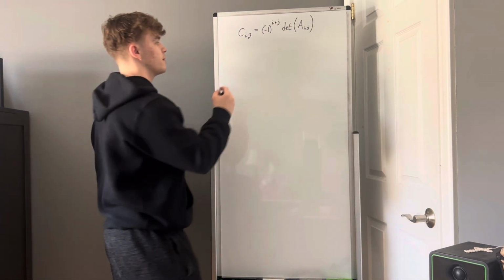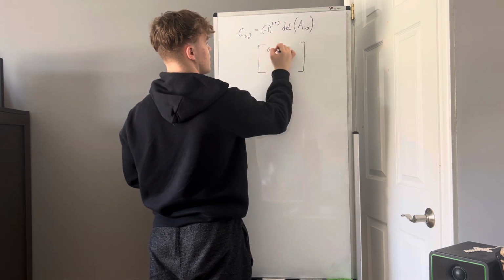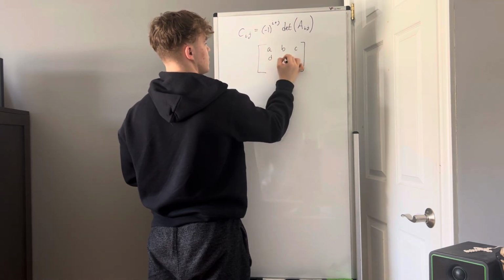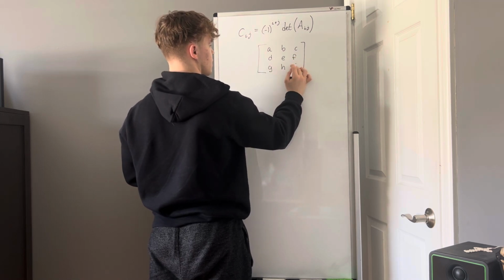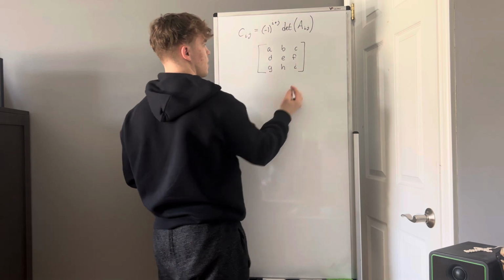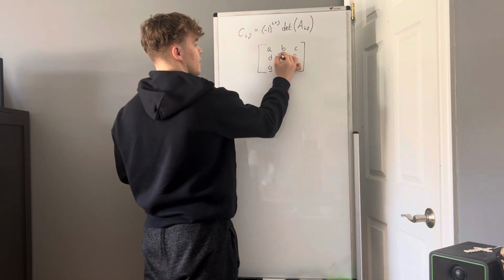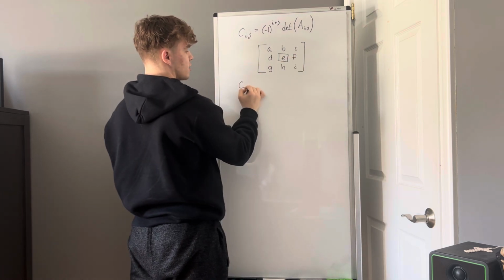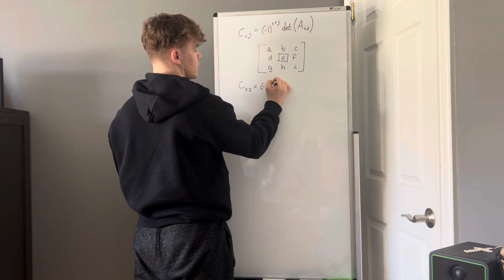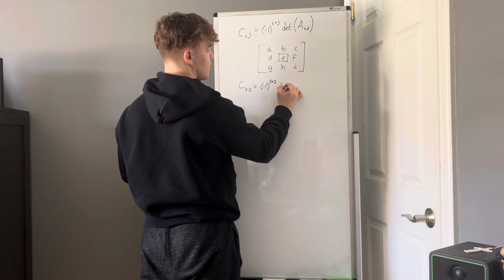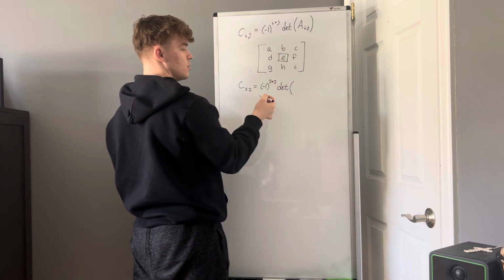So basically, if we had the matrix A, B, C, D, E, F, G, H, I, let's say our cofactor right here would be cofactor 2, 2, and this would equal -1 to the power of 2 plus 2 times the determinant at this point, 2, 2.